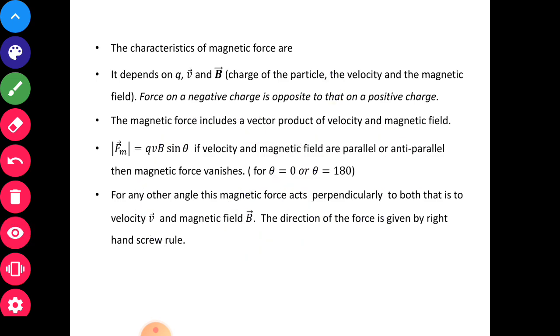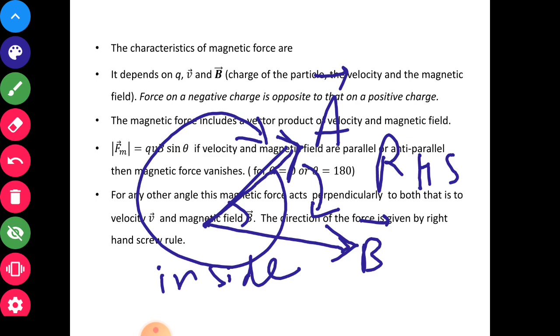Always the direction of the vector product is perpendicular to the plane. So this is the plane formed by A and B. A cross B will have its direction either coming out of the plane of the mobile or going inside.